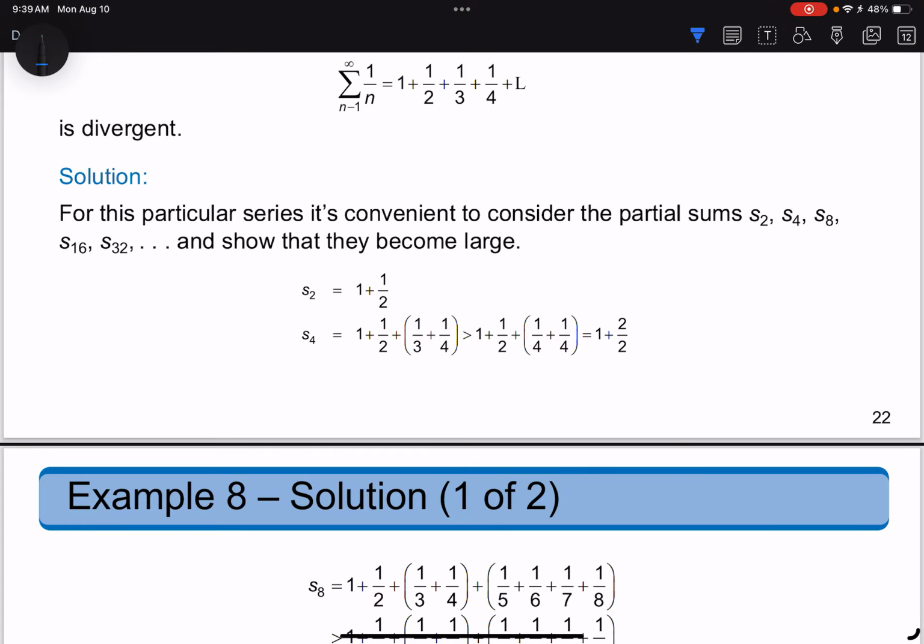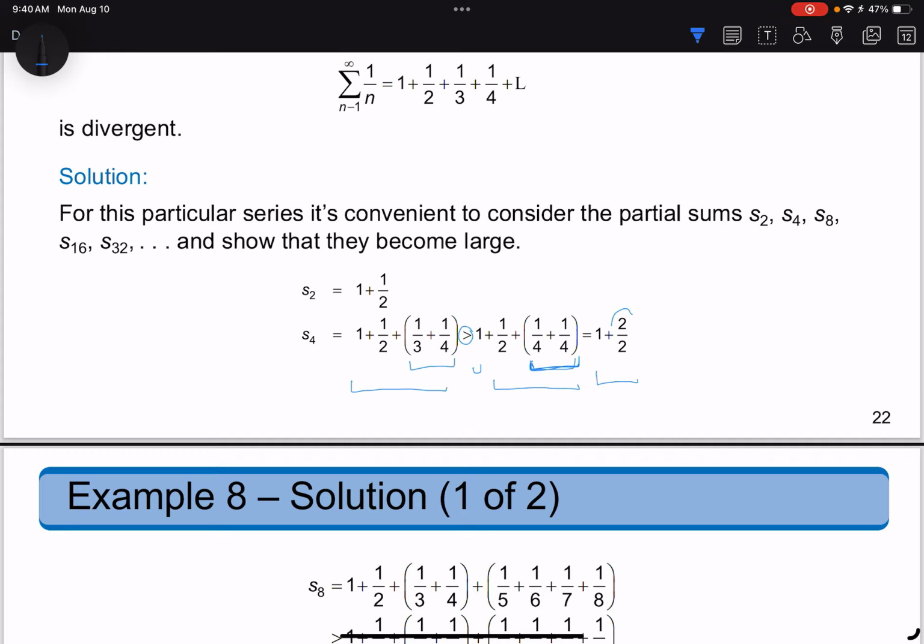For S sub 2, it would be 1 plus 1 half. For S sub 4, it would be 1 plus 1 half plus 1 third plus 1 fourth. We know definitely that 1 third plus 1 fourth would be greater than 1 fourth plus 1 fourth. So S sub 4 would be greater than 1 plus 1 half plus 1 half. 1 fourth plus 1 fourth is 1 half, plus 1 half equal to 1.